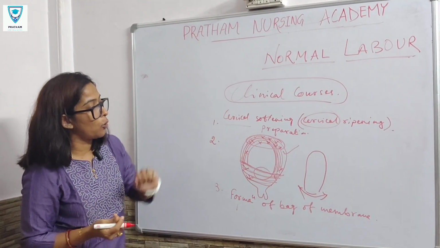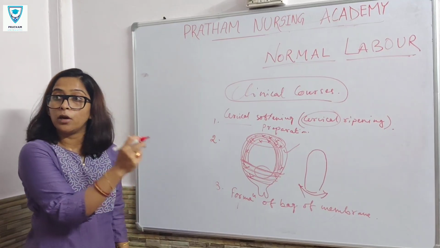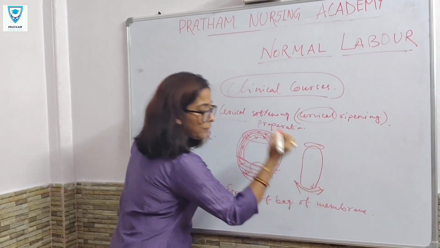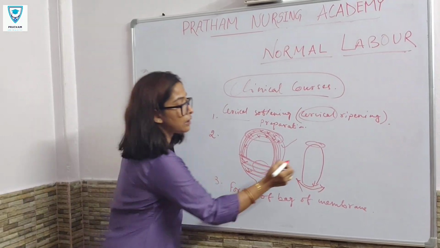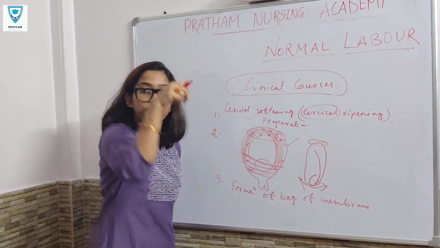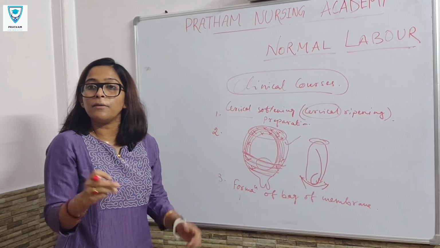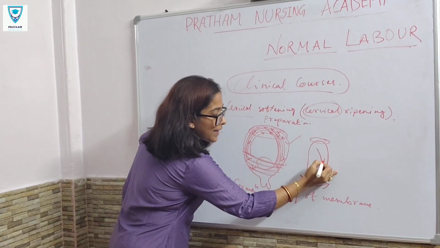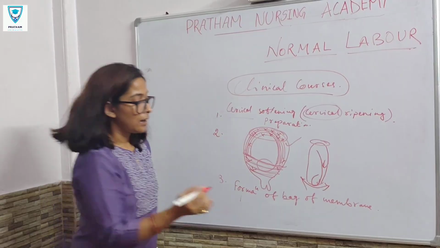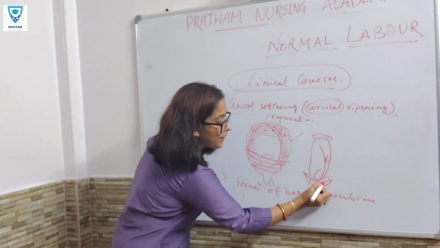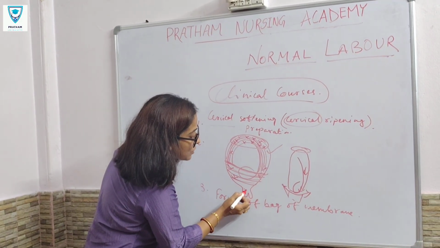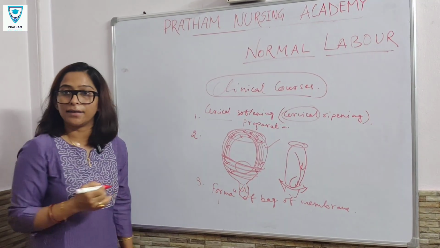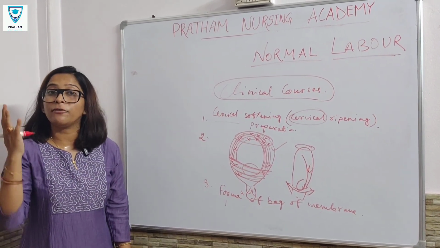Through the podalic pole, the power of contraction will travel from the fundus to the cervix. That means the fetus will be thrust down towards the cervical cavity. During each thrust, the amniotic cavity, which is loosely attached to the lower part of the uterus, will bulge outside with amniotic fluid.